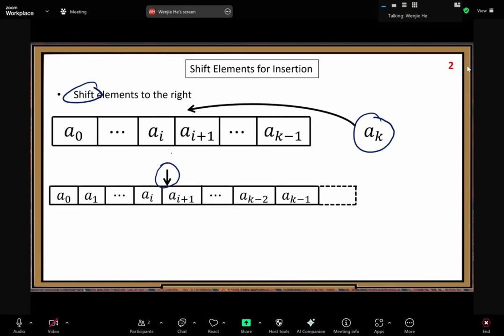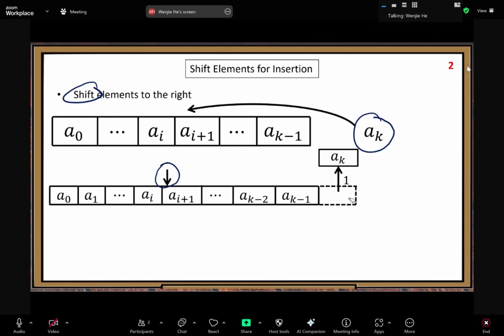So let's do it step by step, to get it ready for the new element. All right, so when we start, let's lift, because originally the element is here, right? At the beginning, the element should be here.